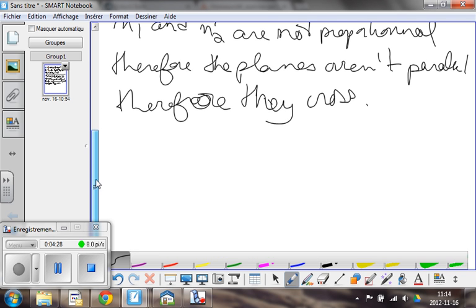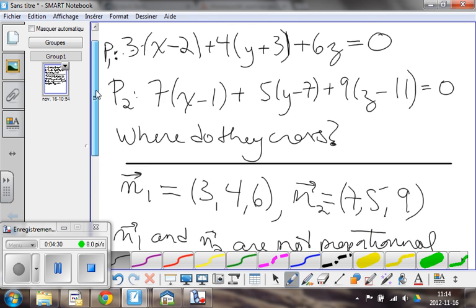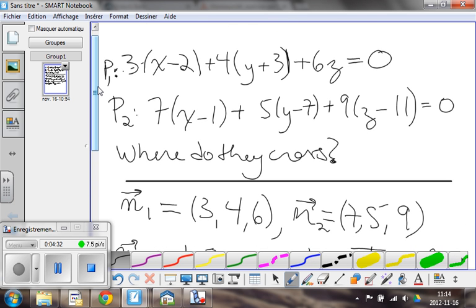Let's check where they cross. So those are the two planes with the normals. We know they're crossing. What happens when they're crossing? They cross at a line, yeah? You have two planes in 3D. When they cross, it means it's at a place where this plane exists and that plane exists.